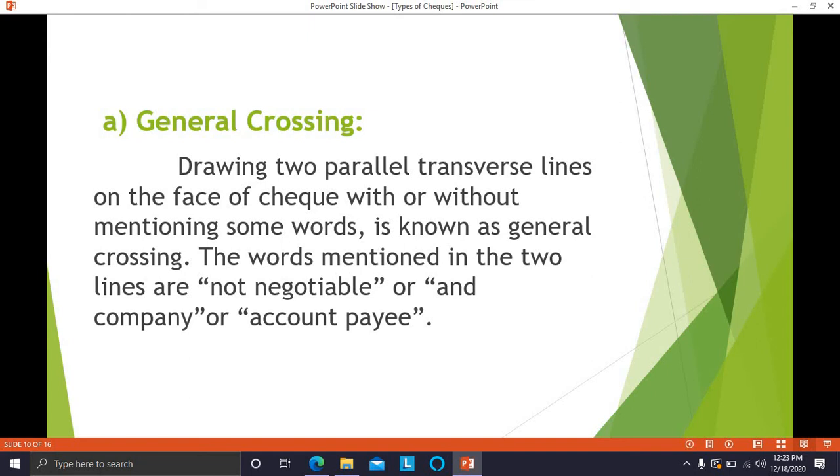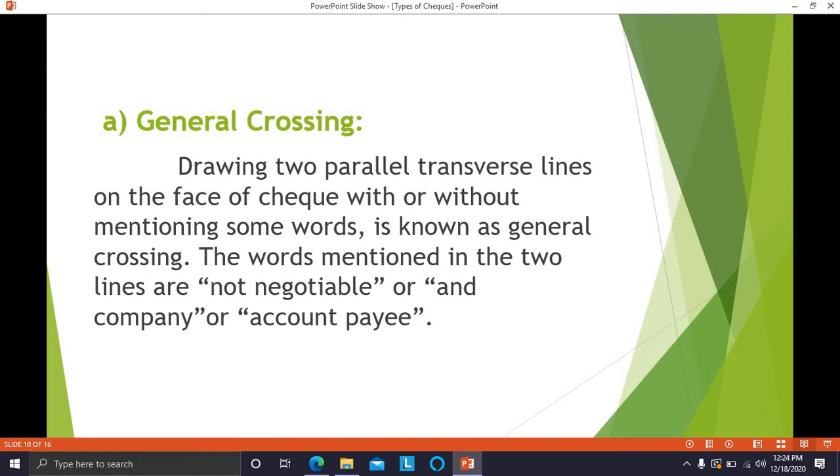So two parallel lines which are drawn in crosswise direction, with or without mentioning some words in between those two lines. What is general crossing? General crossing means drawing two parallel transverse lines, in crosswise direction, on the face of the check. Either you may write anything in between these two lines or you may not write.